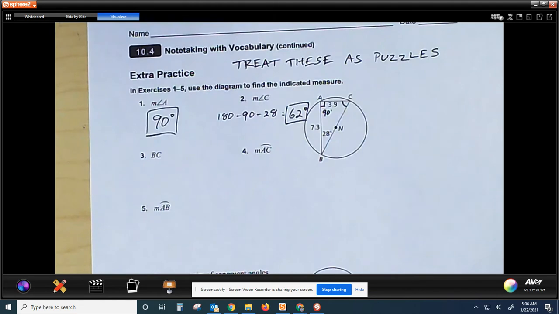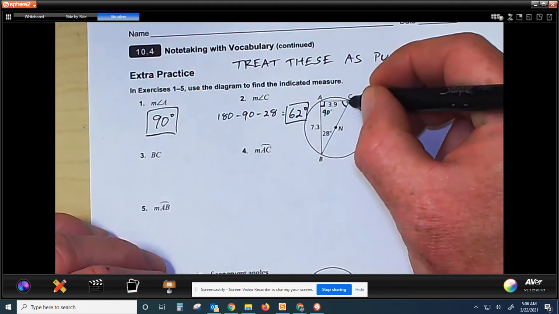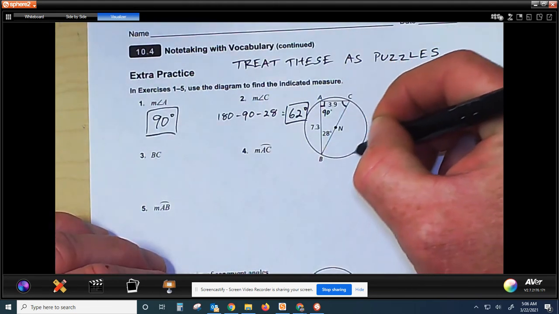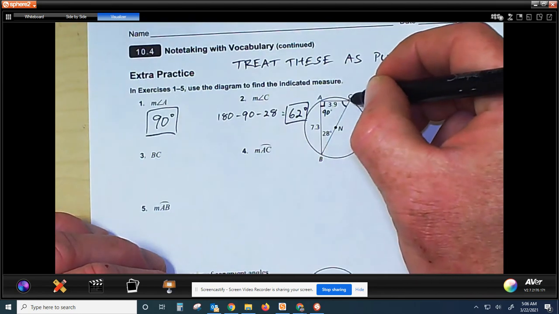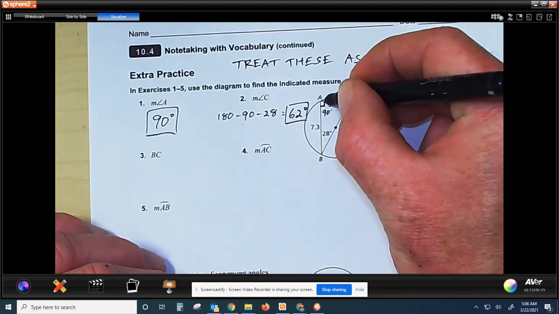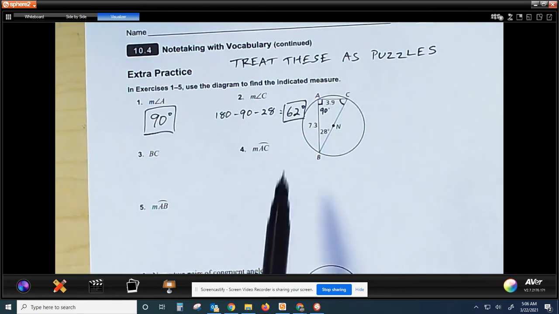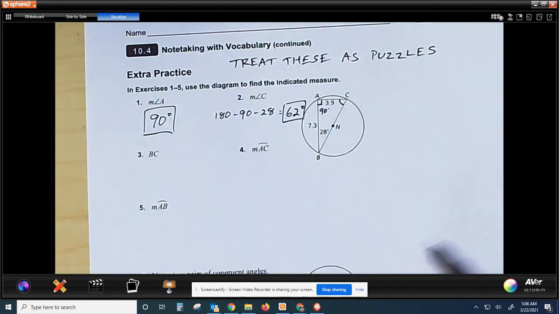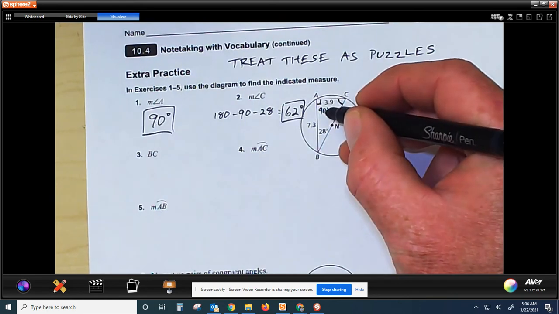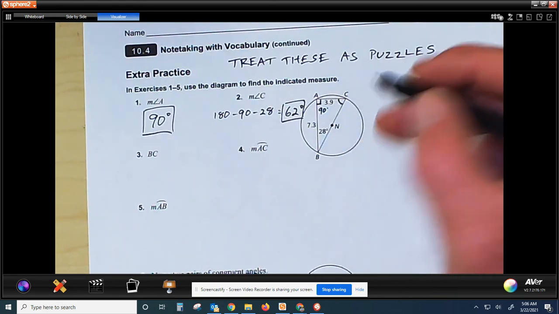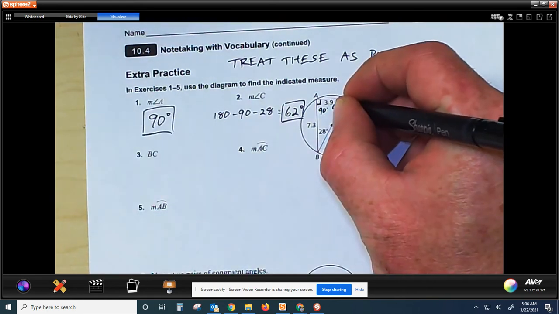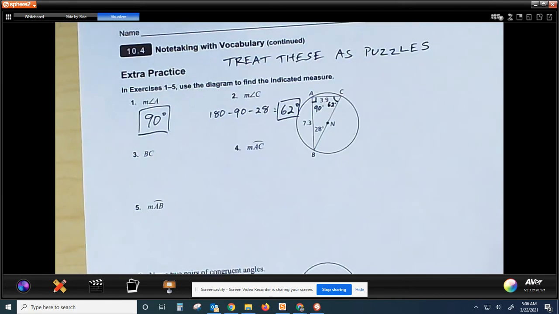Does it look like it could be? This is 180 degrees. So does this look like it could be about a third of the way around? Yeah, I can buy that. We have to figure these things out by the information given. I had a 90 and a 28, and now I've got a 62. I guess I'll try to squeeze that in here. 62 degrees.